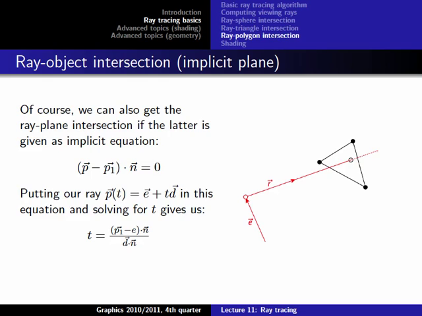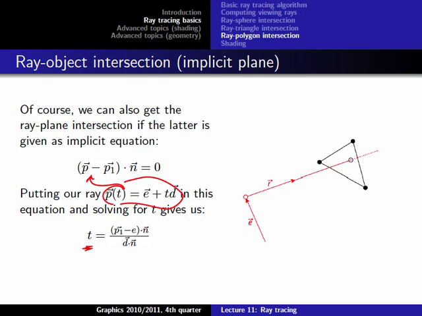But of course we can also calculate our intersection point by doing it with the implicit equation. Then we have to put this ray, of course, in the equation, and then solve this equation for the only unknown parameter that we have, which is t. When we have t, we can plug it into the equation, and then we get this value t.